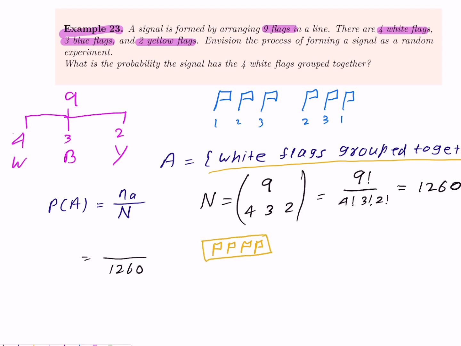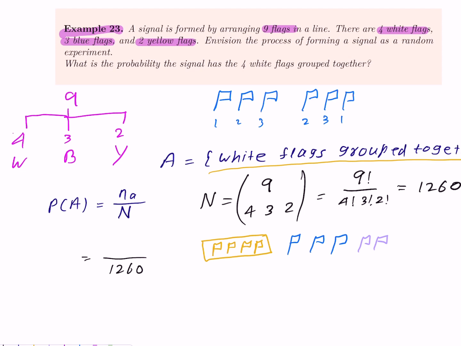Then you have 3 blue: 1, 2, 3, and then you have 2 yellow: 1, 2 yellow flags, right?